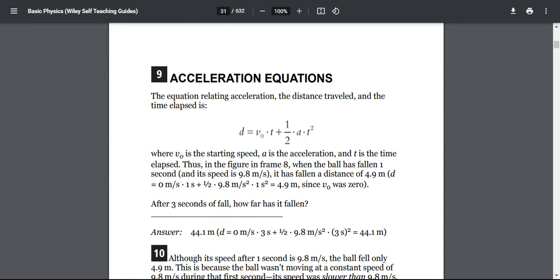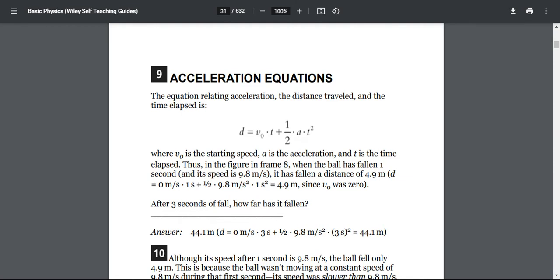Now let's put all of the values into our variables. v0 is 0, because the starting speed is 0. t equals the first second, because the speed of 9.8 m/s is for when the ball has fallen for the first second.